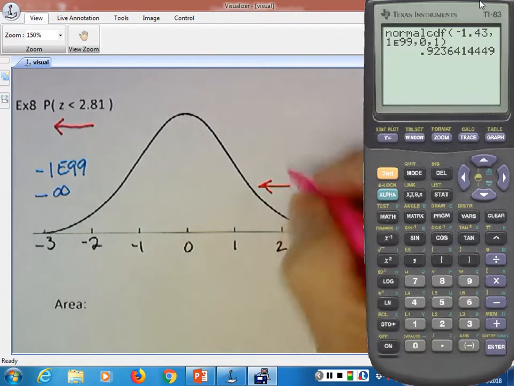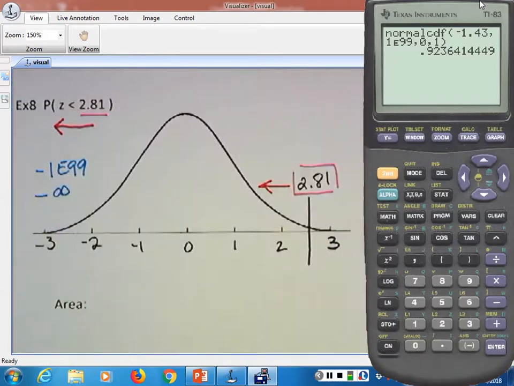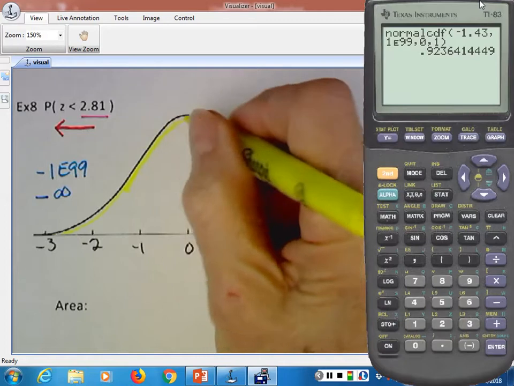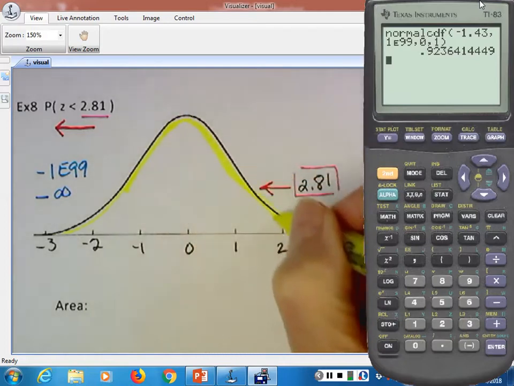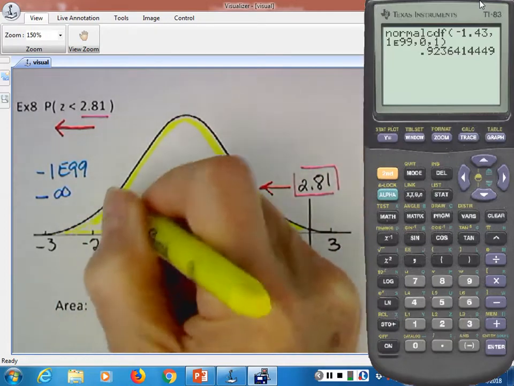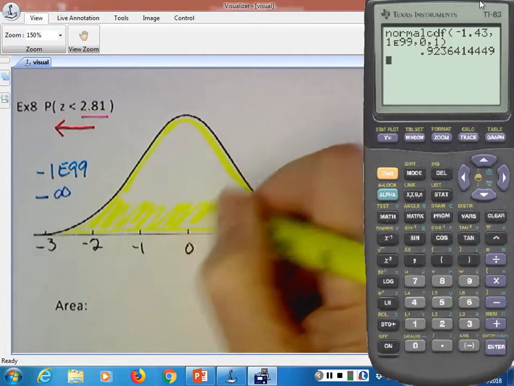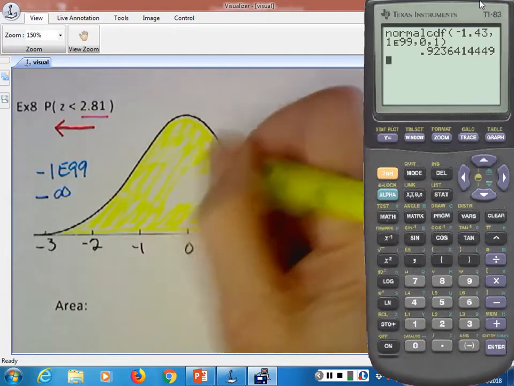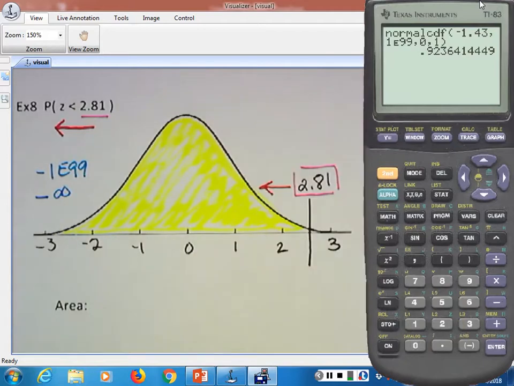So that your 2.81 is going to be your ending point. And the area that you're going to shade in is this rather large area. So again, we're expecting an answer that's closer to 1. Okay? It's fairly close to 1.